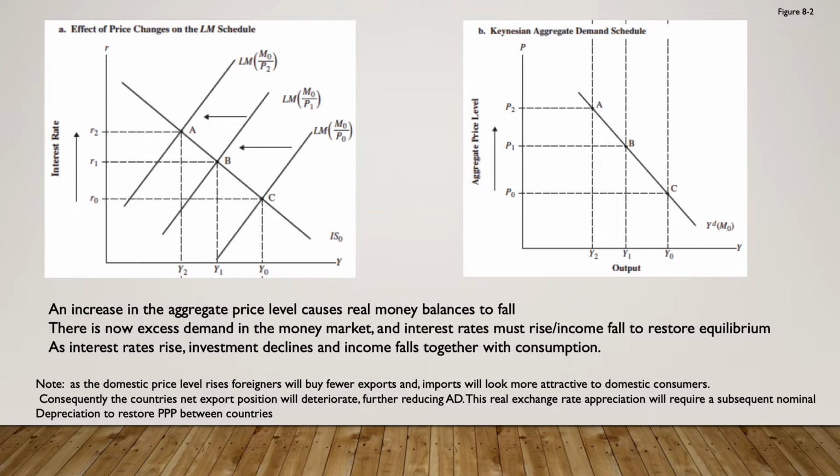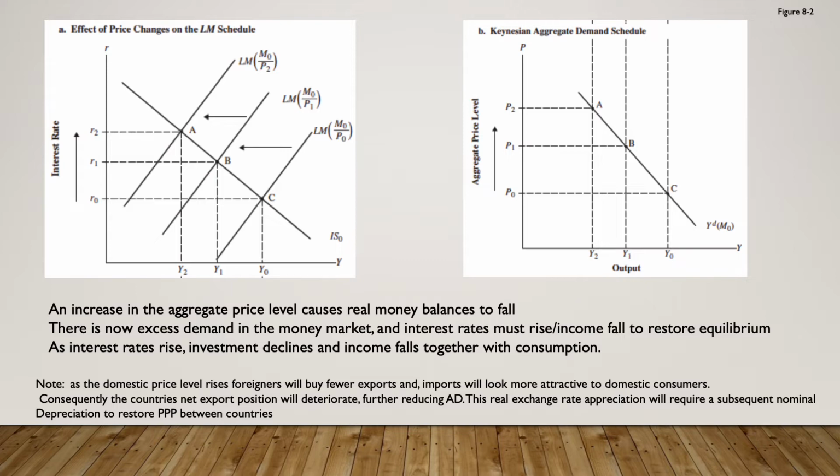Now do note that the aggregate demand curve has been drawn with a particular quantity of nominal money in the economy, and that quantity of money is M naught. Well, let's go ahead and assume that the price level were to rise from P naught to P1. What would happen? Looking at our ISLM model, this would be factored in as a change in the money supply.